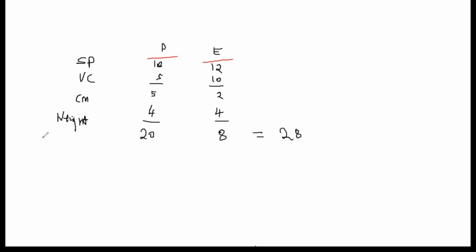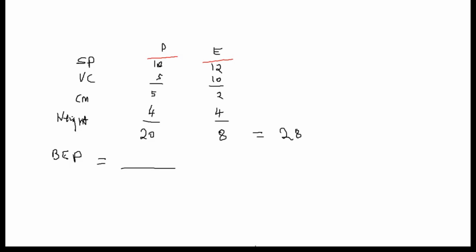This is 28. Our combined contribution is 28. So our break-even point will be 60, which is the fixed cost, divided by, no, sorry, it's not 60. It's 561,000.